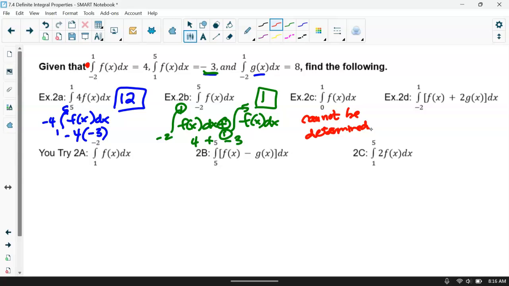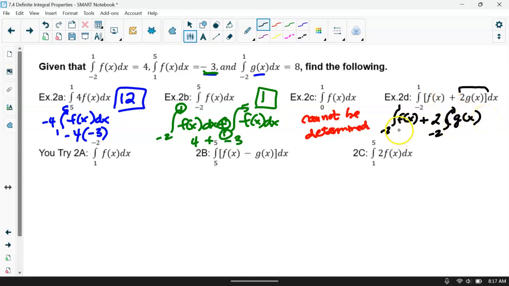Last example here. Now notice we've got negative 2 to 1 of f of x plus 2 times g of x. So we're taking this value here, which again, our addition property, we could say that this is the same as negative 2 to 1 of f of x plus 2 times negative 2 to 1 of g of x.